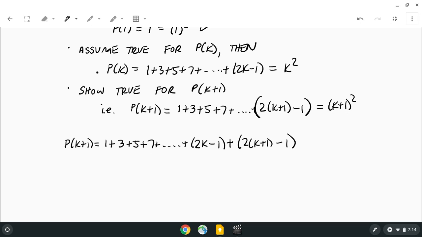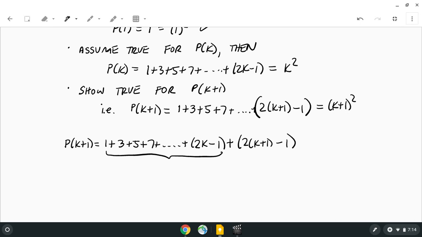And this is where this statement comes in handy. We already know that 1 all the way up to the kth term equals k squared. So over here, I'm going to replace 1 all the way up to the kth term with k squared.